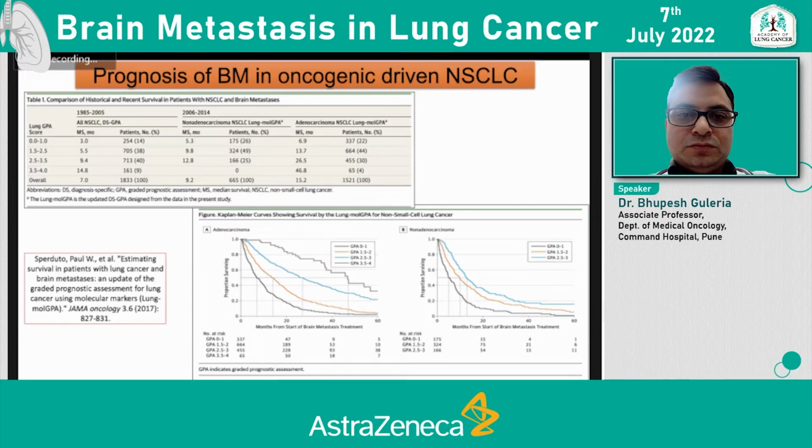But when we added certain markers to the GPA, which is known as the molecular GPA, when we add EGFR, ALK, and certain other markers, we are reaching up to 4 years when the GPA is more than 3.5, almost reaching 4. So brain metastasis, despite originally being a poor prognostic factor, has given us, with these mutations, a better survival when TKIs are offered to the patients.